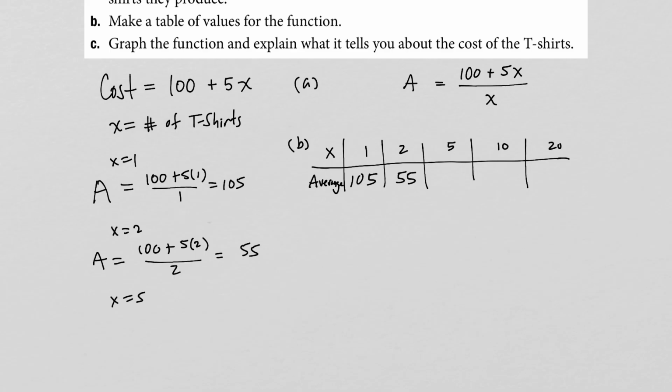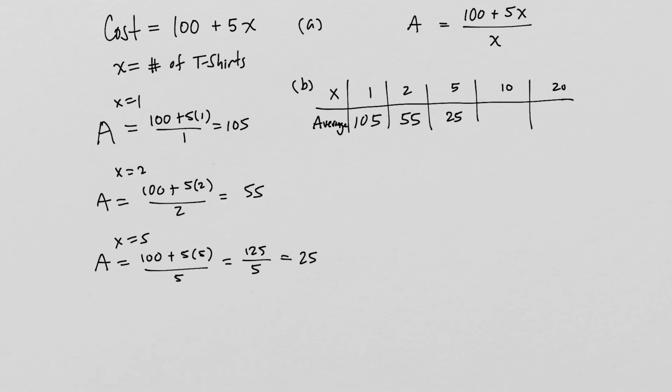If you make 5 t-shirts, the average cost is going to be 100 plus 5 times 5 divided by 5. And this is 125 divided by 5, and this equals 25. So if you make 5 t-shirts, the average cost is $25 per shirt. What if you make 10 t-shirts?